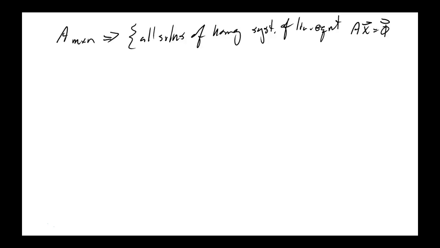This is a subspace of Rn. The x vector is in n space because it's n by 1.